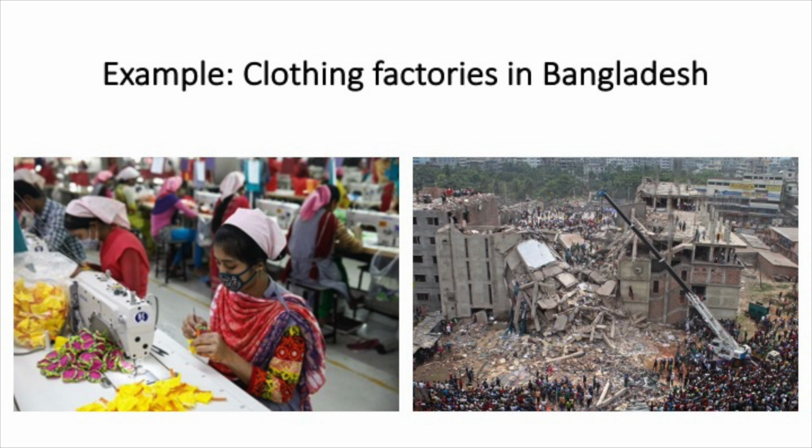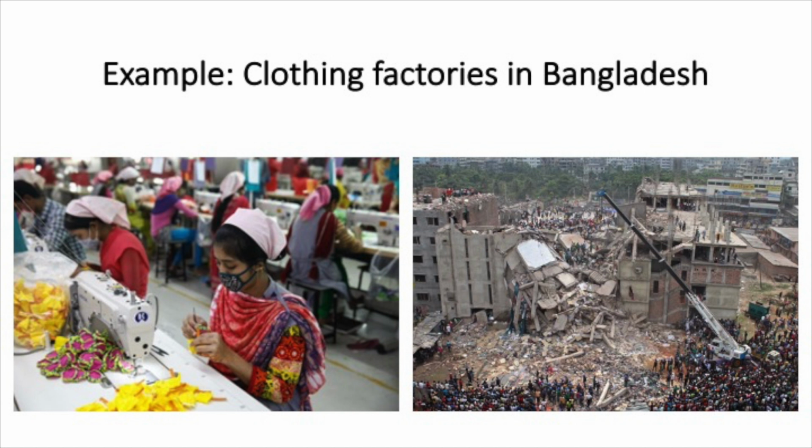A lot of clothing is made in factories in Bangladesh and countries like Bangladesh. Wages for workers in these clothing factories is very low. These are predominantly employed by women. So women are the primary workers in these clothing factories. They work for very low wages, very long hours, monotonous work, very classic Marxist exploitation.